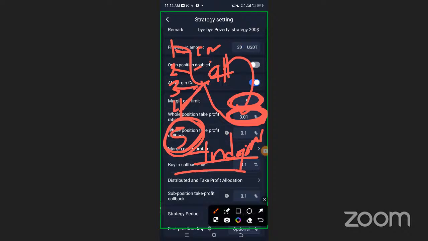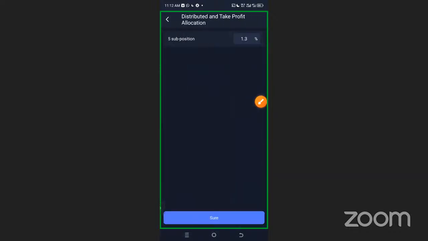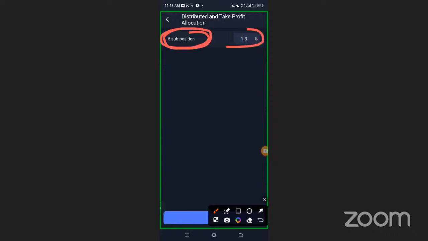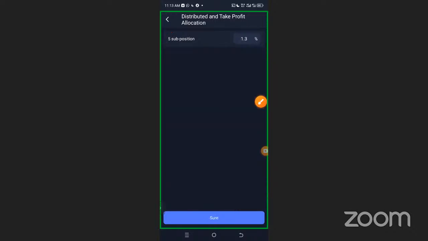When you click on distributed take profit allocation, we shall find that the fifth call is sold at a take profit of 1.3%, meaning that the fifth call is sold earlier in the market than the 4 margin calls.